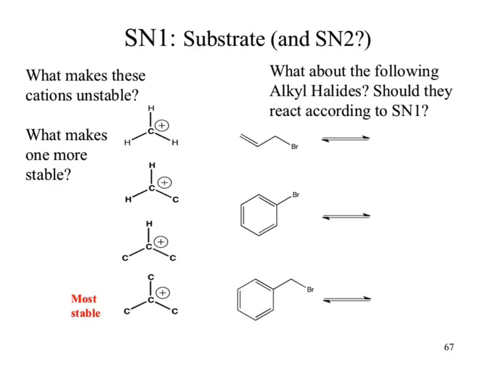Would I expect all of these to react according to SN1? What does SN1 mean? Leaving group leaves, then nucleophile attacks. That's perfectly valid. That's a lot of words. I want less. Unimolecular is not bad, except that's too fancy of a word.